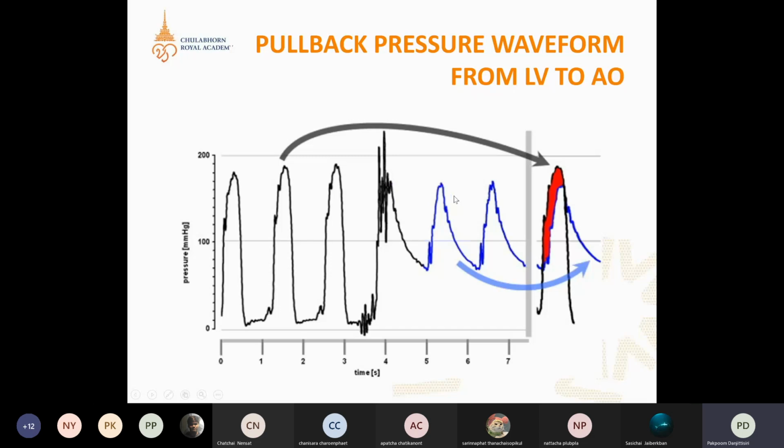That means the pressure is showing you the gradient across the aortic valve, so the patient has a stenotic aortic valve.